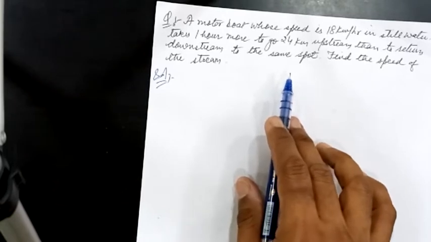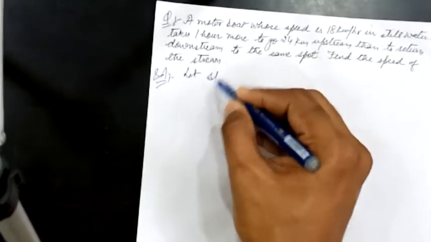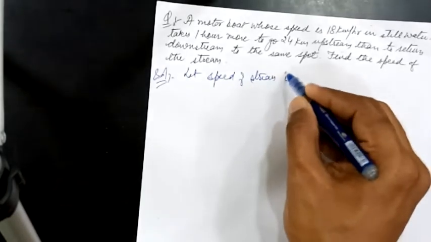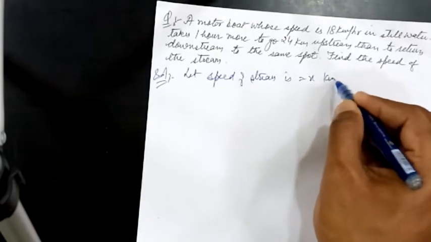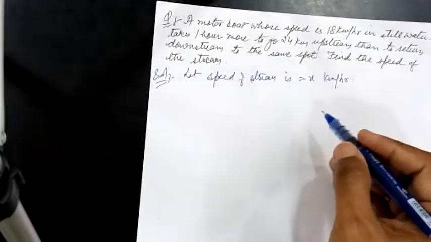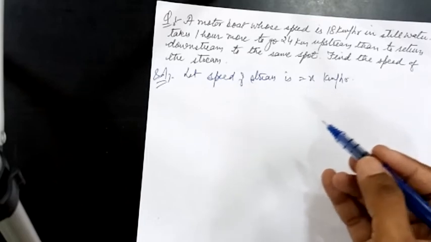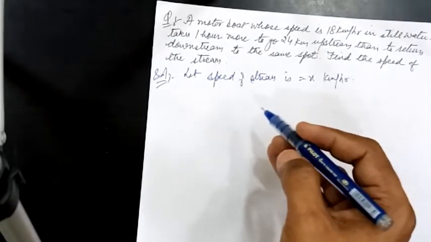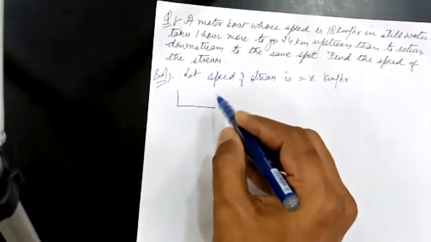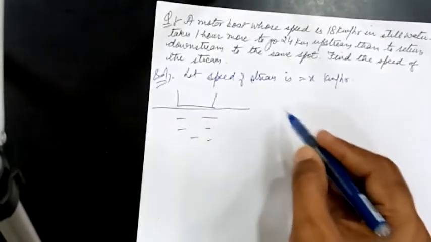Find the speed of the stream. So let the speed of the stream be x kilometers per hour. Very simple question. We have done this type of question in our previous topic also, in linear equations in two variables. Just try to remember what we discussed there.